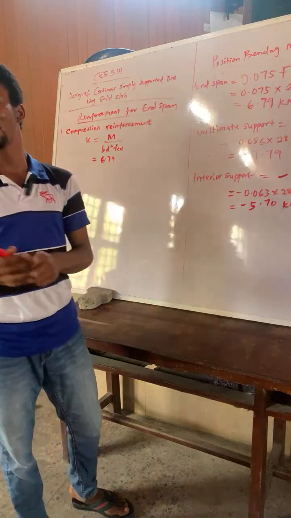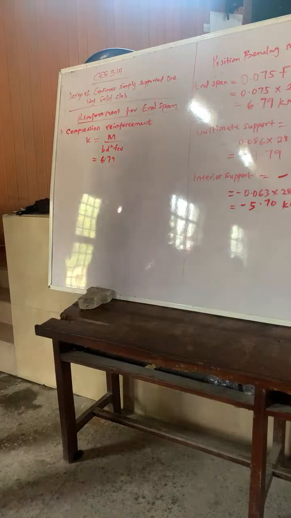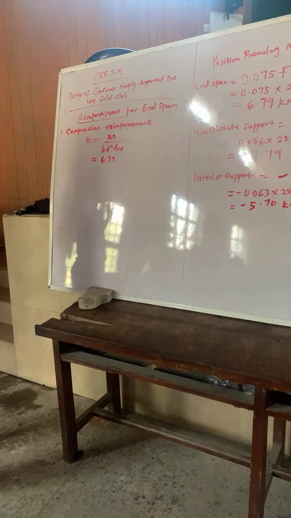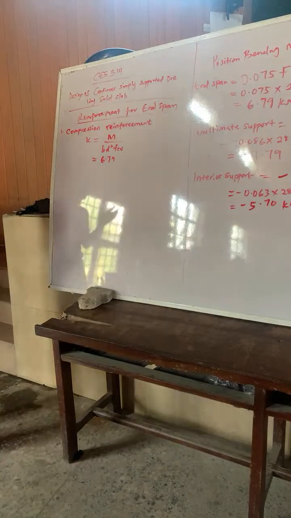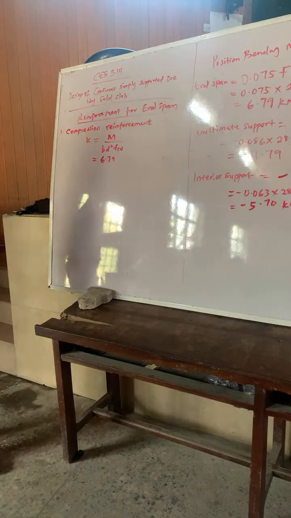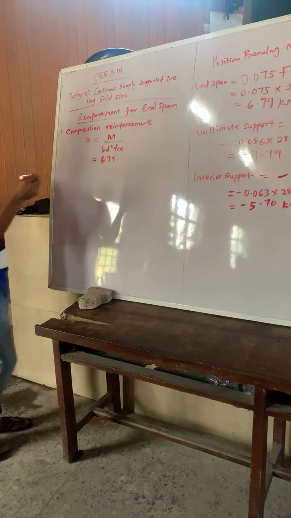If you check your past questions, you will see those tables there. They won't give us the formula. They will just be giving us the table that we need to solve the question.